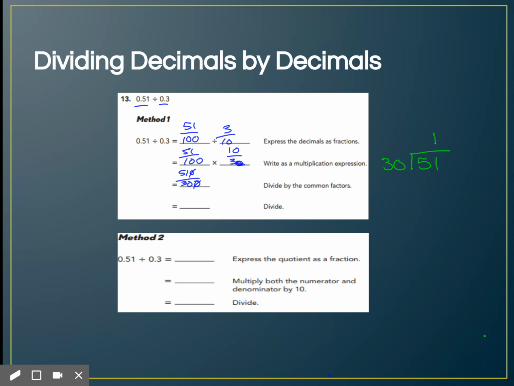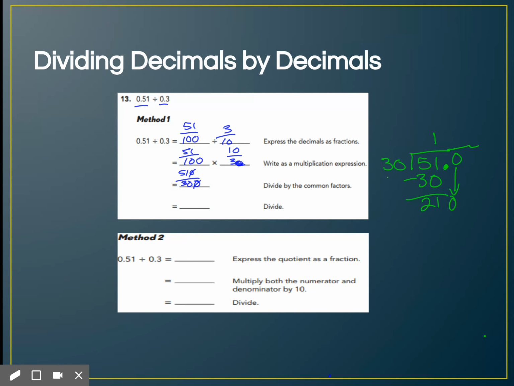30 goes into 51 one time. And I'm going to subtract, and I have 21. Well, when I'm dividing decimals, I don't want to use a remainder. I want to keep my answer in decimal form. So I'm just going to add a decimal and bring down my 0. So now 30 goes into 210 7 times.